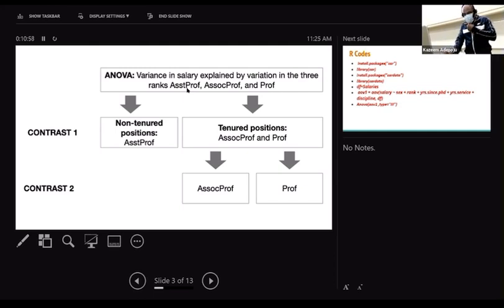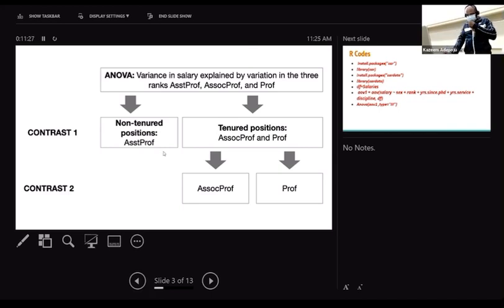Now I develop 2 contrasts because I have 3 groups. In the first contrast, I want to compare the salary of the non-tenure track with the tenure track. It means I'm comparing just one level with 2 levels. That's a contrast. I want to see whether there's a significant difference between the salary of the non-tenure track and the tenure track.